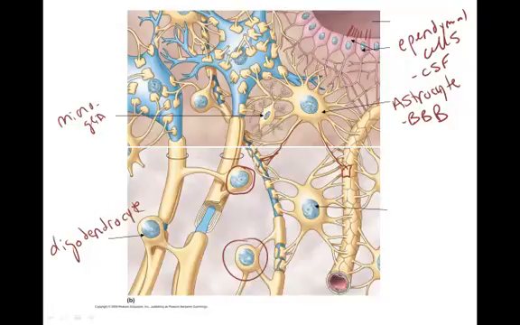This particular diagram is separating white matter, this lower figure, from the gray matter up above. So you can see that there's a lot of unmyelinated structures in the upper portion of the figure, and that would refer to the gray matter.